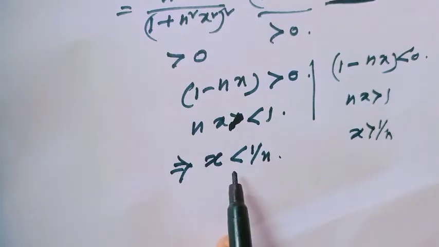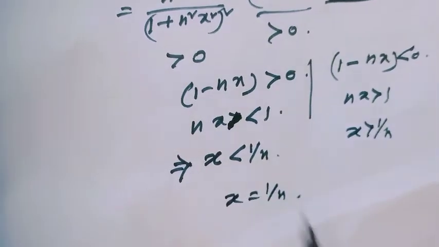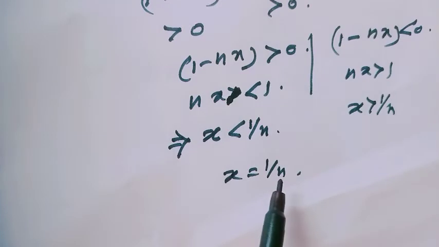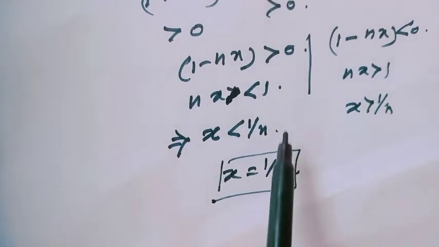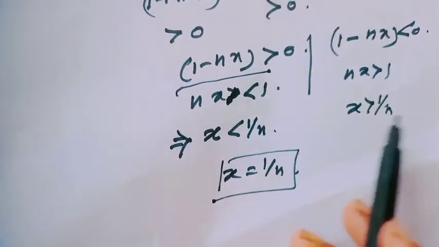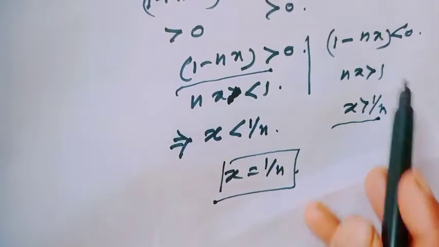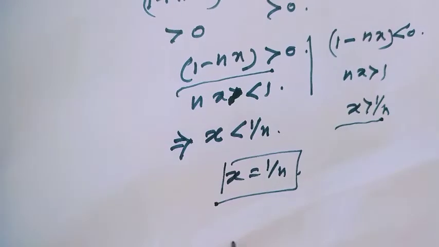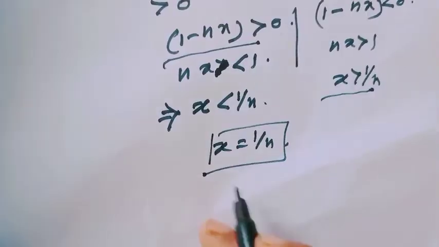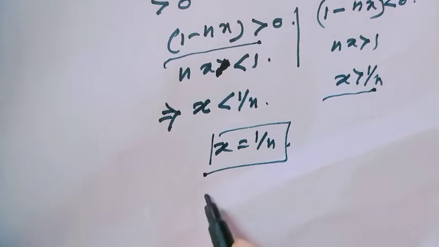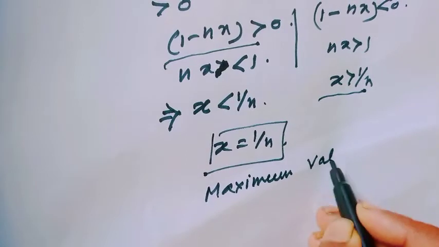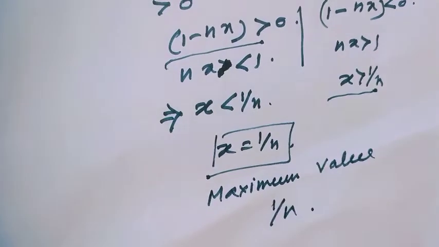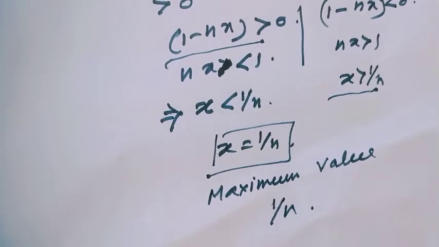That means here the critical point is at x equal to 1 over n. When x is less than 1 over n, the value is greater than 0, and when x is greater than 1 over n, the value is less than 0. That means the function has a maximum value at 1 over n.